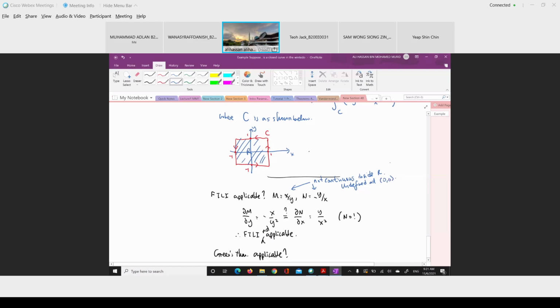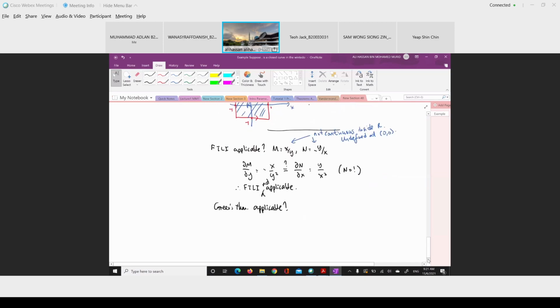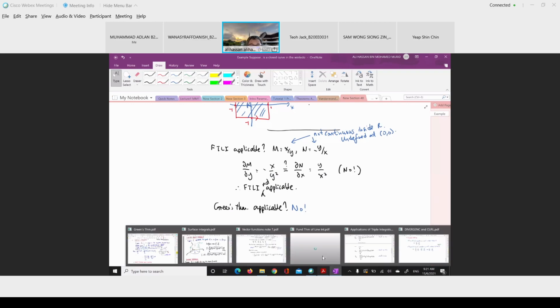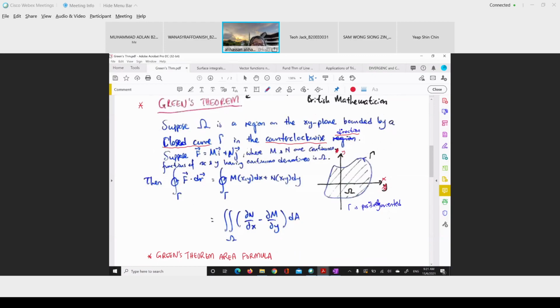The function is not continuous there. So in this case, it is not applicable, because this condition here is not satisfied.